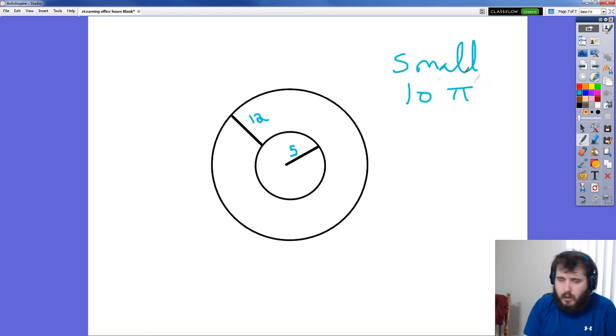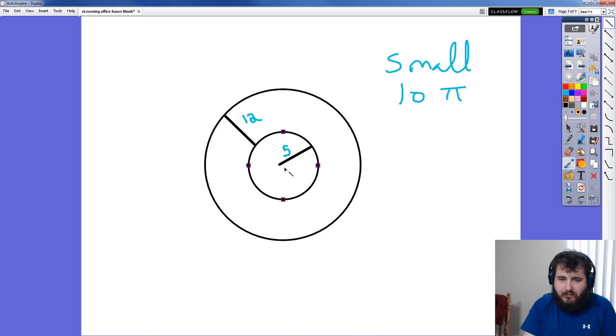Right? The big one, there's a little bit of confusion because I am not given the radius directly. I'm given the pieces of the radius, but not the whole thing.